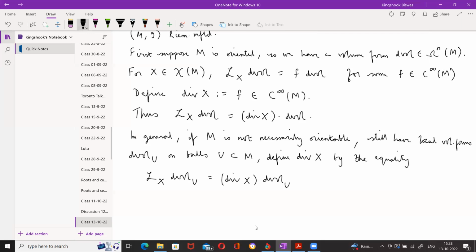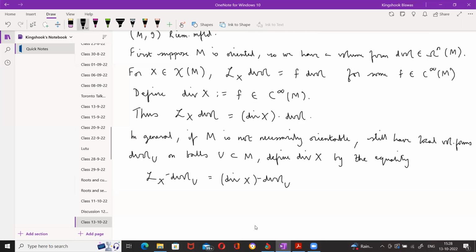This is well defined, independent of the choice of local volume form, because there are just two local volume forms on this ball U: dvol_U and minus dvol_U. If I choose minus dvol_U, then I just put a minus sign on both sides, and the divergence stays the same.